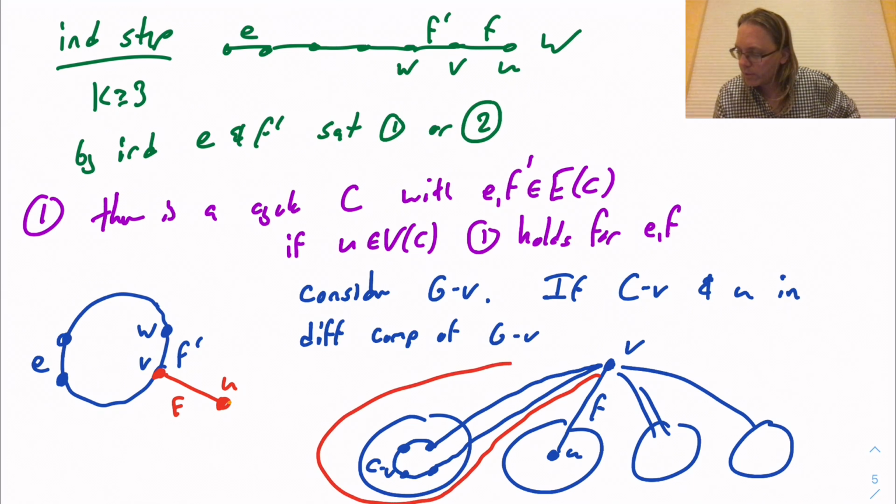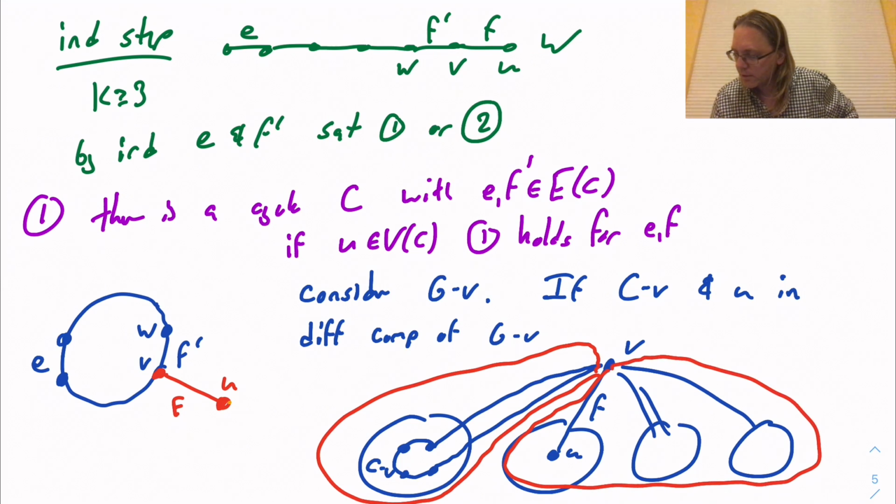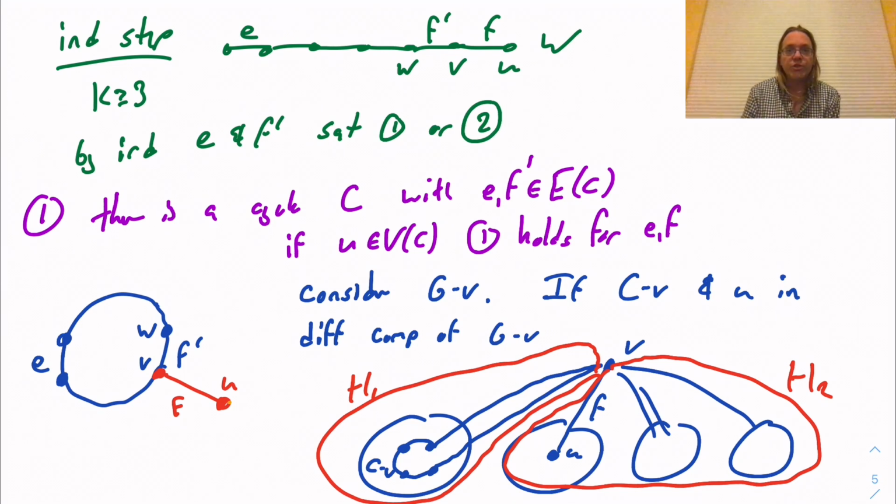I'll just draw the bags for you. And as usual, this argument is done clearly in the notes. All of the words are here in full in the notes. I'm going to give you a subgraph H1 and a subgraph H2.